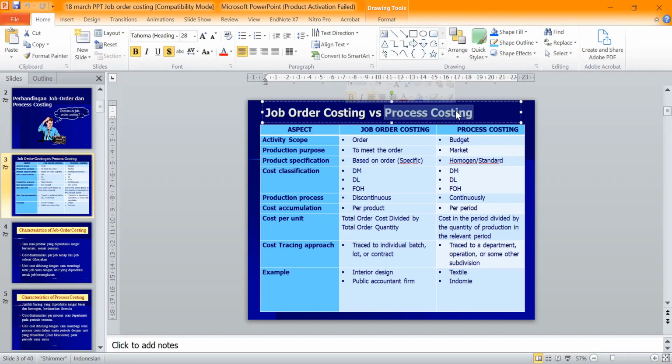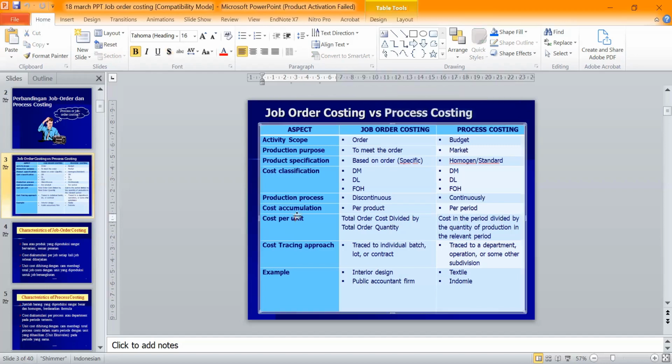So the question will become how much the cost of production of the cutting department was in February, and how much the total cost of production of, let's say, the assembling department was in March. So for the cost of production statement, the cutoff is based on the period of each department. That differs from job order costing, where the cost accumulation occurs per product, but in process costing it is per period and in detail for each department.